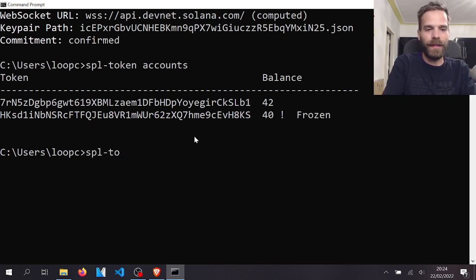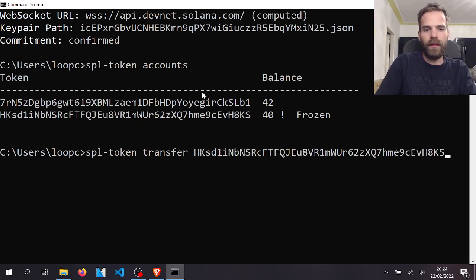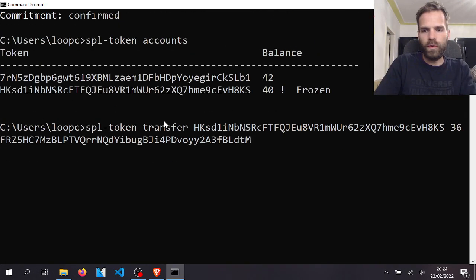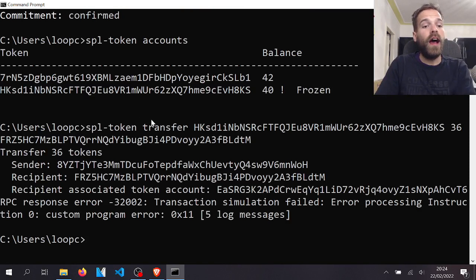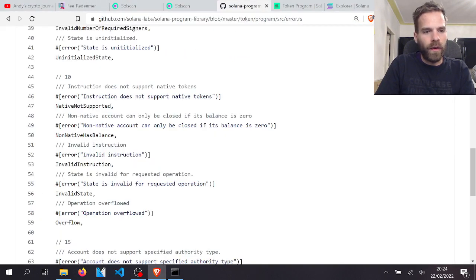And if we say SBL token transfer, this token, I don't know, 36 we said, to wherever, send, then we get simulation failed again with 0x11. Okay, going back here, that was 10, that was 11. Non-native account can only be closed if its balance is 0.